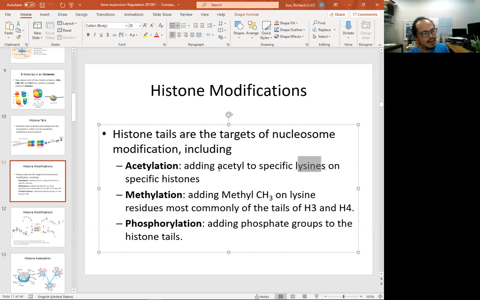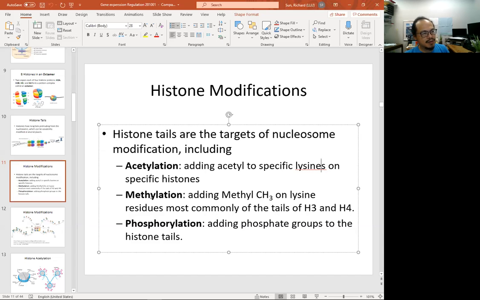Acetylation adds an acetyl group, and the most common one is to attach to the amino acid lysine. Methylation adds a methyl group, CH3, to lysine.